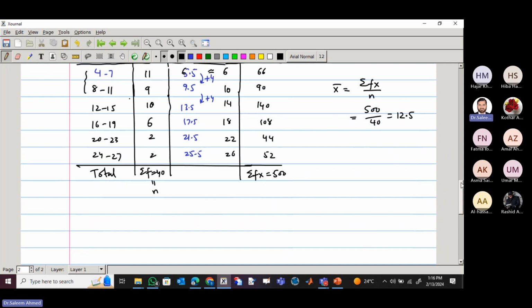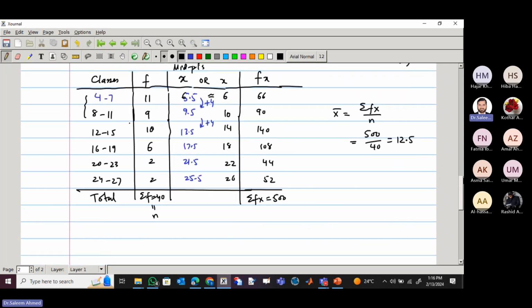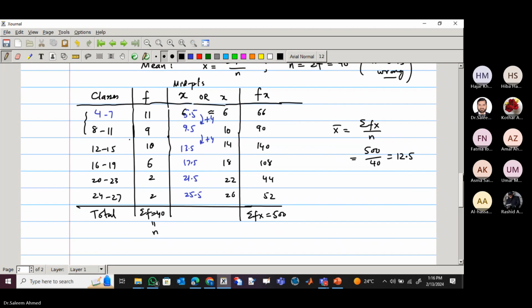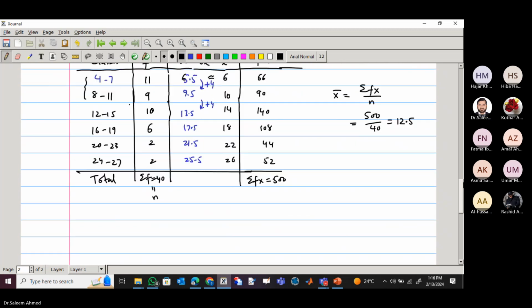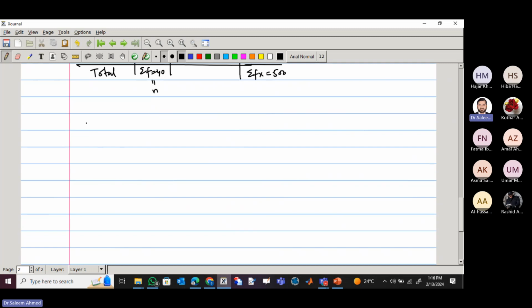For the median, what we do is calculate the cumulative frequency, right? If you want, you can write the data again. The median is L plus ((n plus 1) by 2 minus (F plus 1)) divided by fm, into w, right?